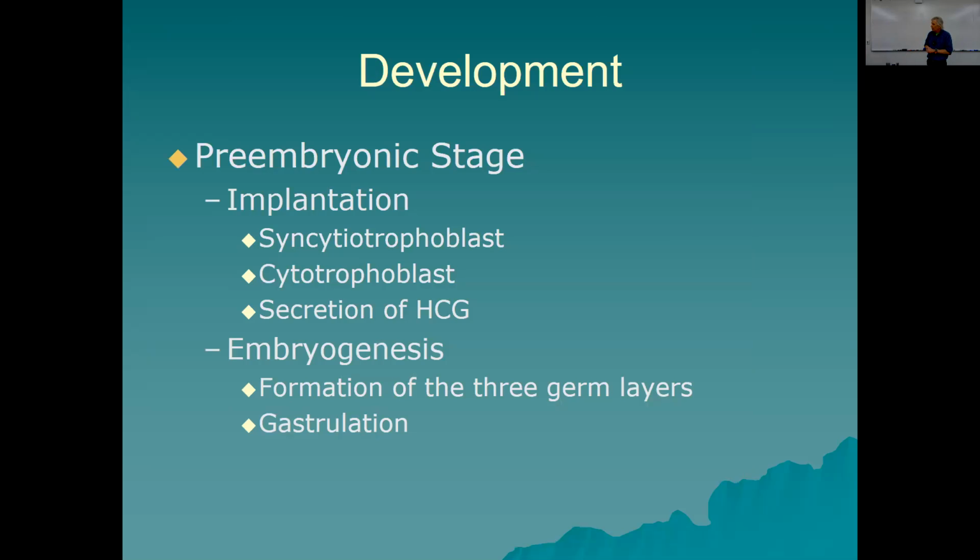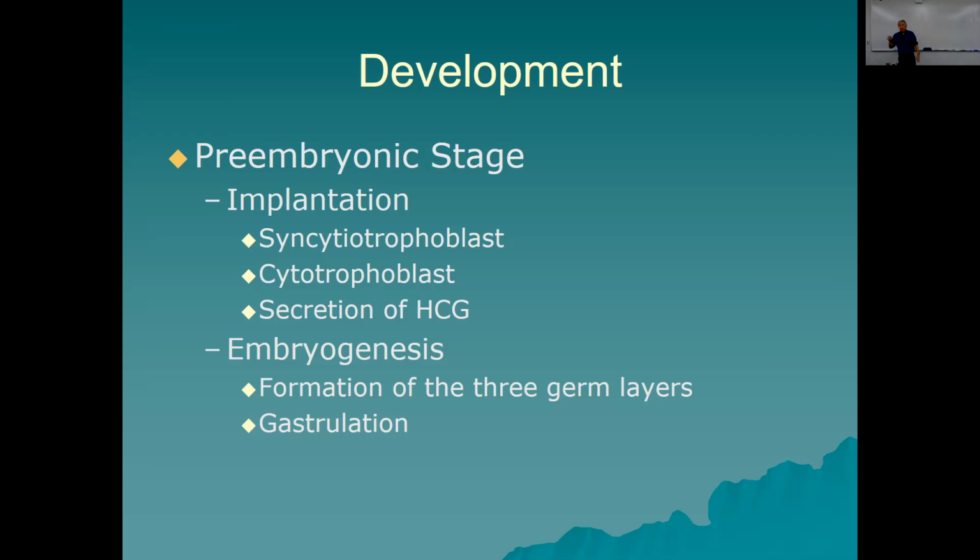The syncytial trophoblast is the actual part of the trophoblast that makes the placenta. The cytotrophoblast makes part of the yolk sac, I believe. And remember, this syncytial trophoblast is what secretes the HCG, right?